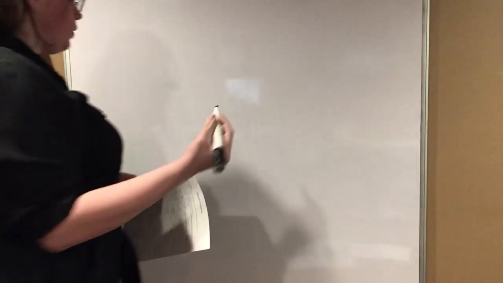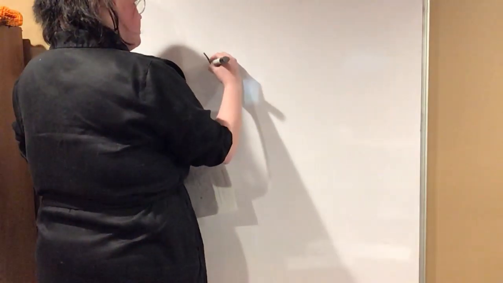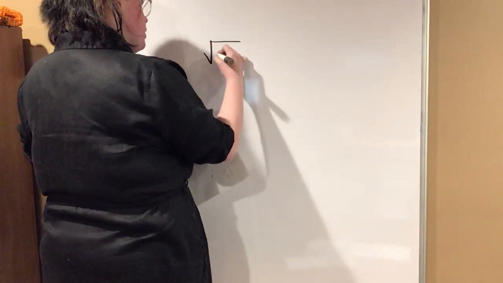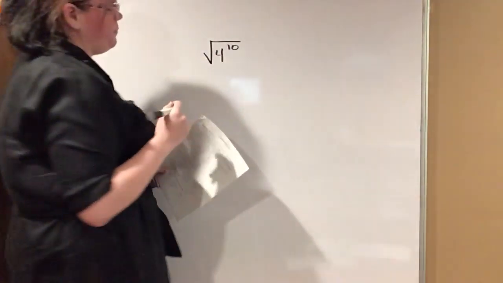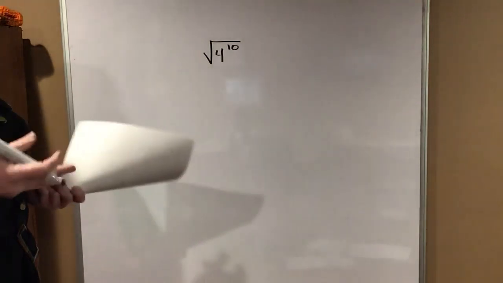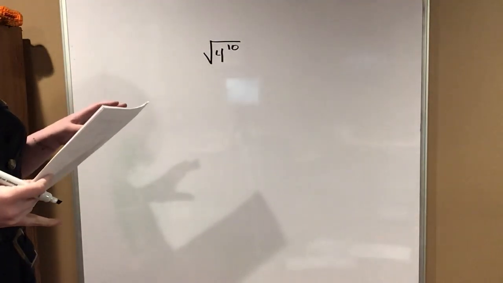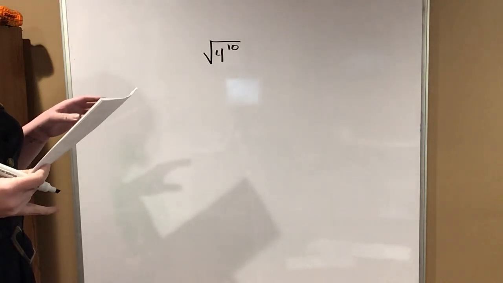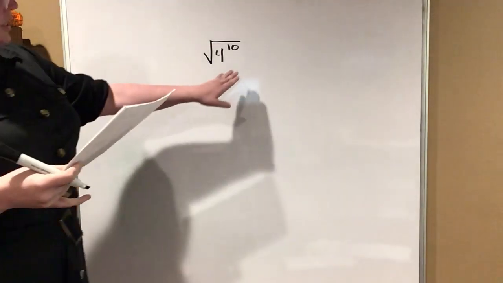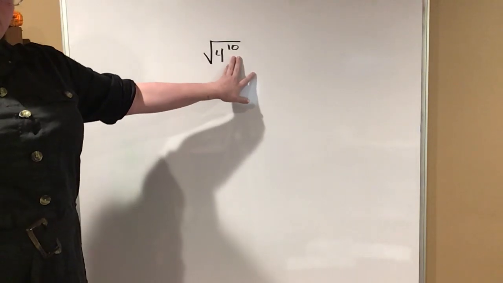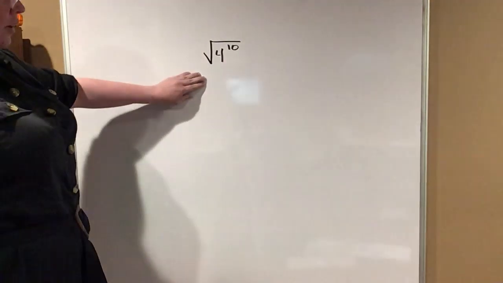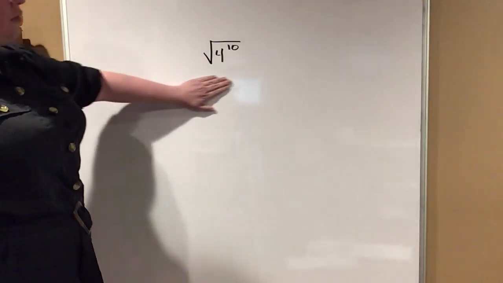So now I'm going to give you some radical expressions, and we have to simplify them. If I'm given the square root of 4 to the 10th, you look at that and you're like, what the heck is that? Well, we're just going to take half of the exponent, and it'll take it out of the radical.